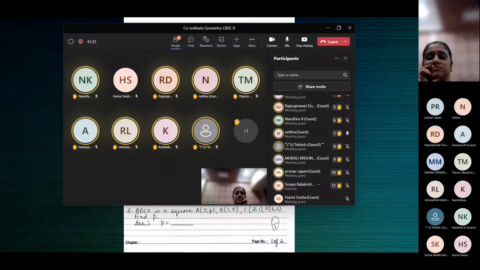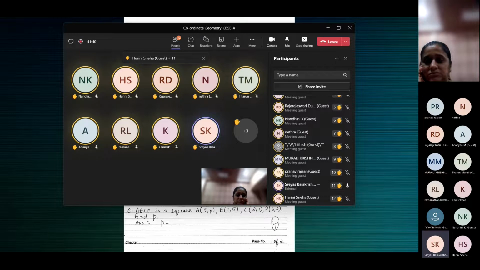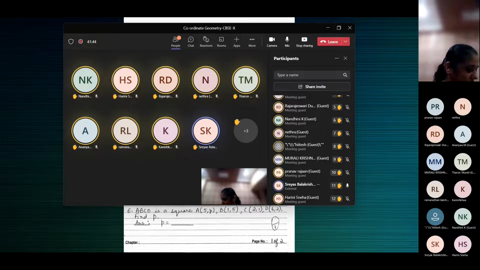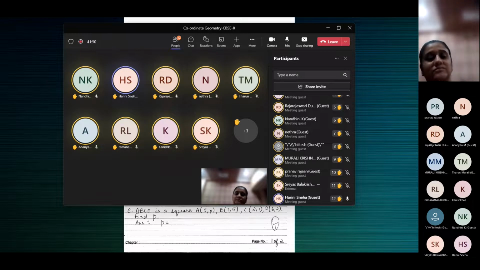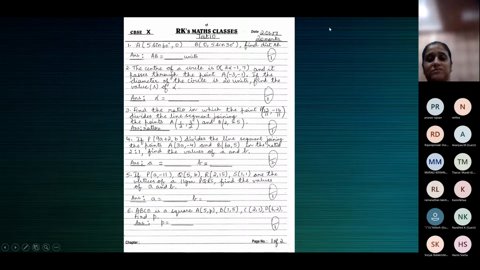Hitesh, Murali Krishna, Pranav, Shreyas. Ma'am, I was halfway right, but the next half, due to a calculation error, I went wrong midway. Okay. And Harini and Sneha? Ma'am, we got it. Can I check the answers again, ma'am? Okay.